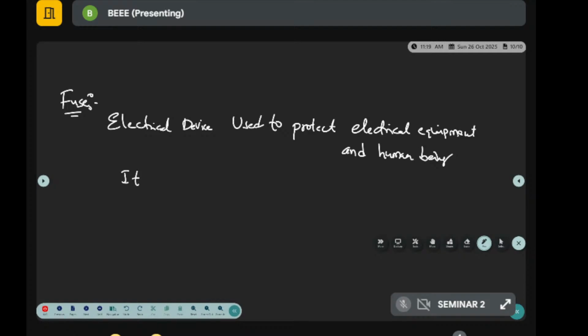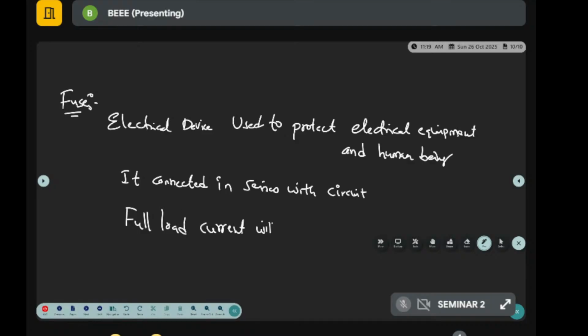It is connected in series with the circuit. In the fuse, full load current will flow. So what is the meaning of fuse?